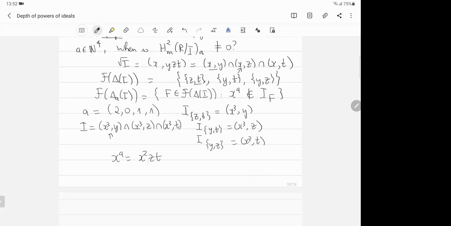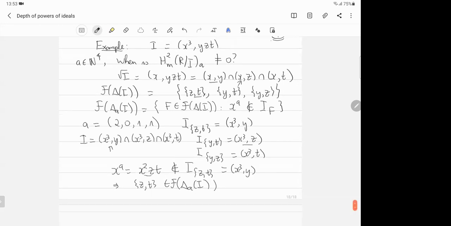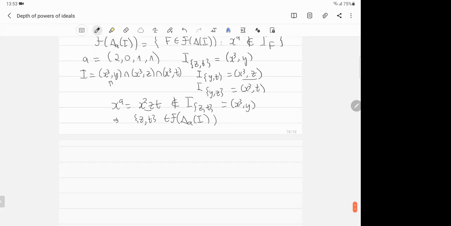You see X squared ZT does not belong to I of VT, which is X cubed of I. So this tells you that this is a facet of delta A of I. Similarly, you see that this belongs to this, so it tells you that YT and also YZ are both not facets of delta A of I.